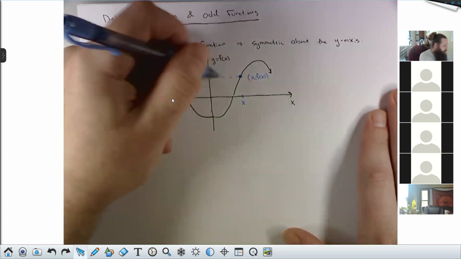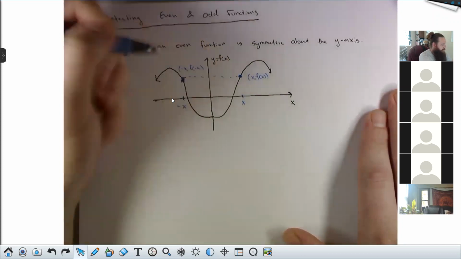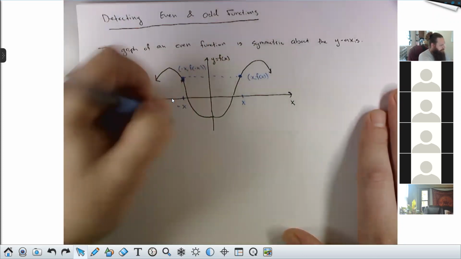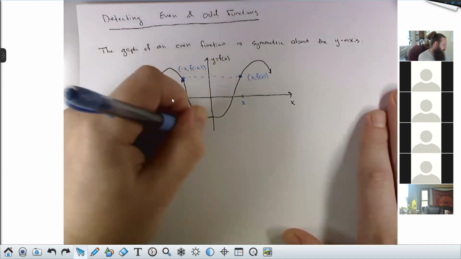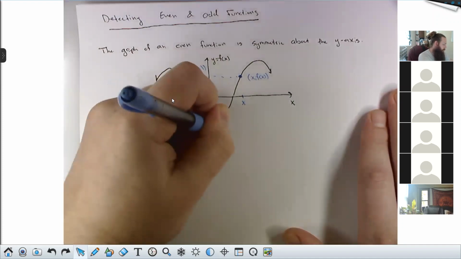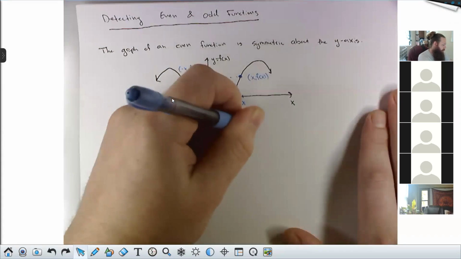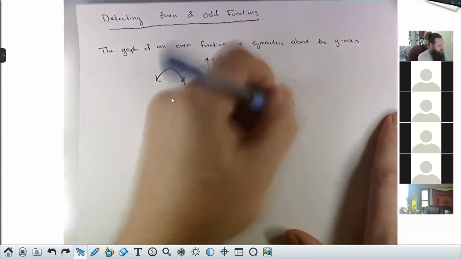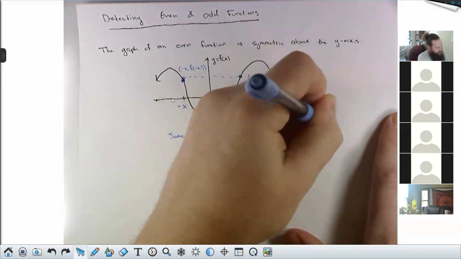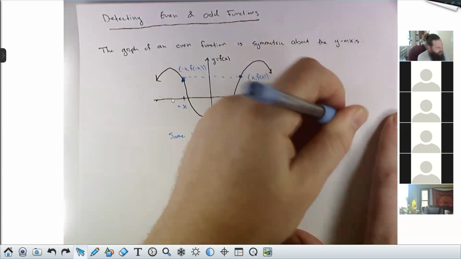And since they are at the same height, their y values must be equal. In other words, f of negative x is the same as f of x, which was our definition.